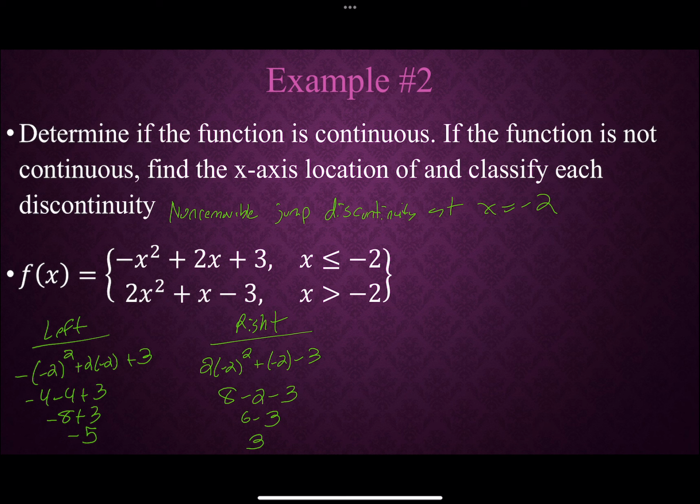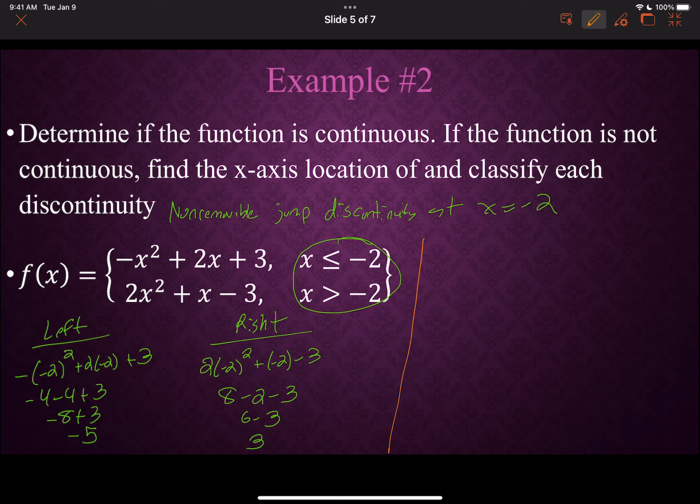Now, where you need to be very, very careful is that not all piecewise functions, even if the left and right side or the two different parts are not the same, would be a non-removable jump. You have to pay attention to what this is saying right here. Because if I have this scenario, let me just make up the problem right now. If I had f of x is equal to, let's simply say, 2x plus 1 when x is equal to 3, and then x squared when x is not equal to 3, that's a situation where there's a hole there.